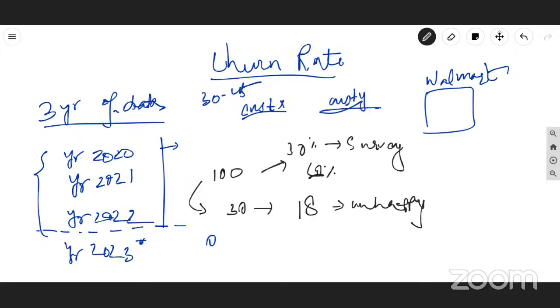The idea is good, but the challenge is with the data. Okay?